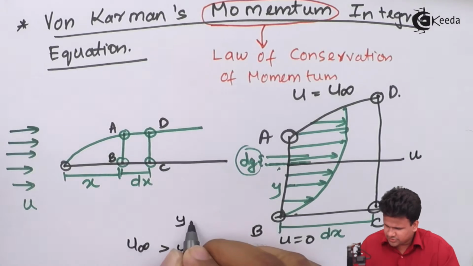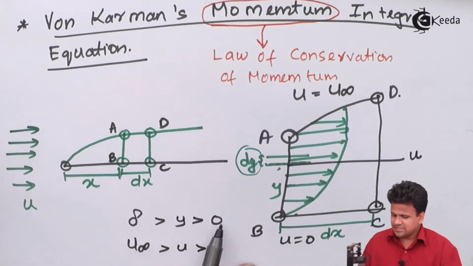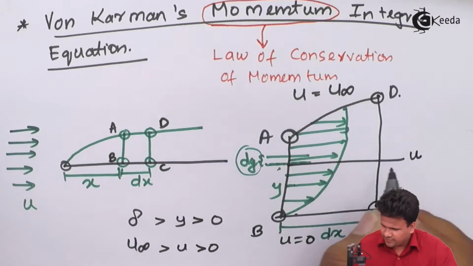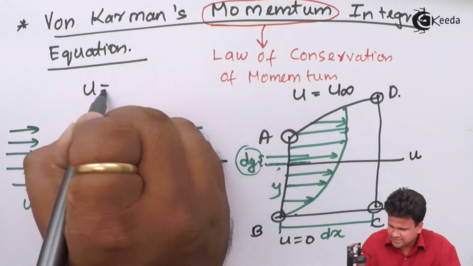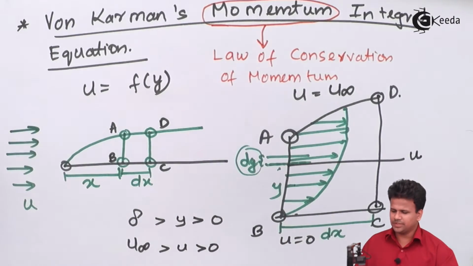And this also corresponds to these values, that is, it lies between 0 to delta. So here we know that velocity u is a function of y. So that we have considered here.